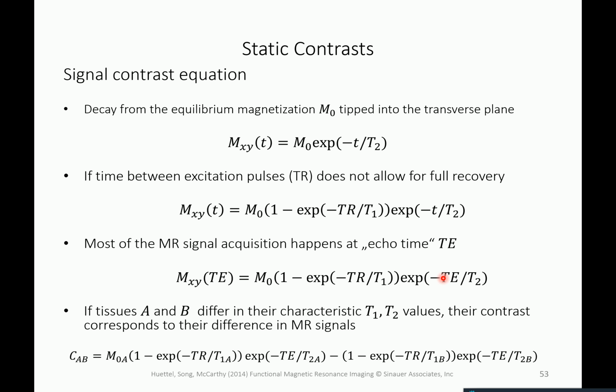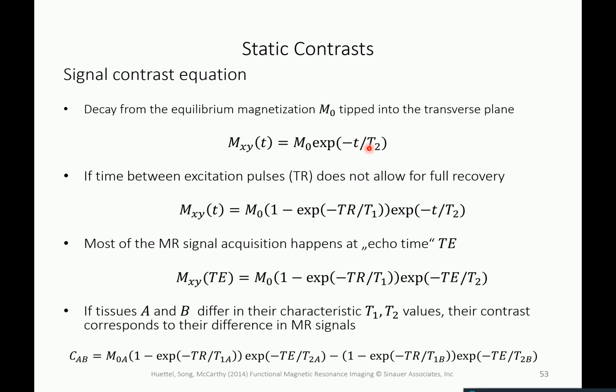So to choose the TR value and the TE value such as to either emphasize differences in M0 between tissue types, or in T1 or in T2. And how that works, this is what we want to look at now from a visual, intuitive perspective in a little bit of detail. Questions about this slide at this point?